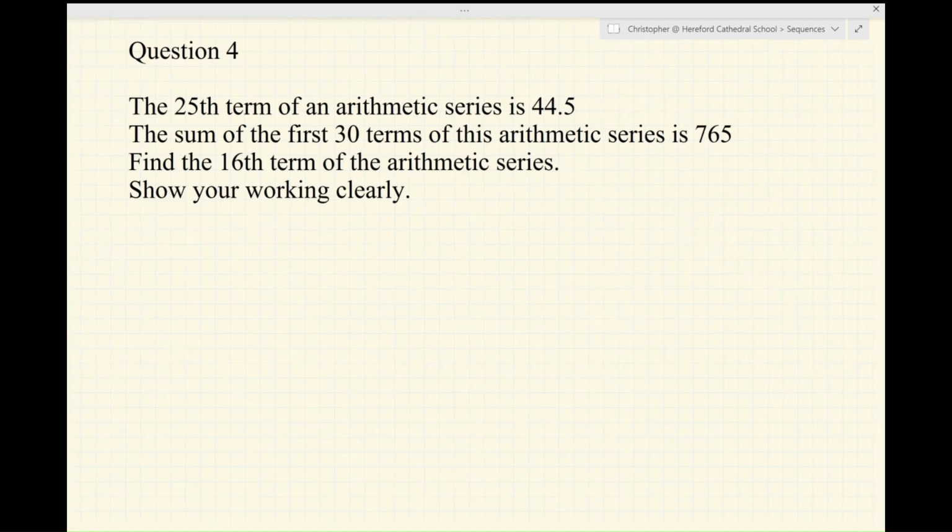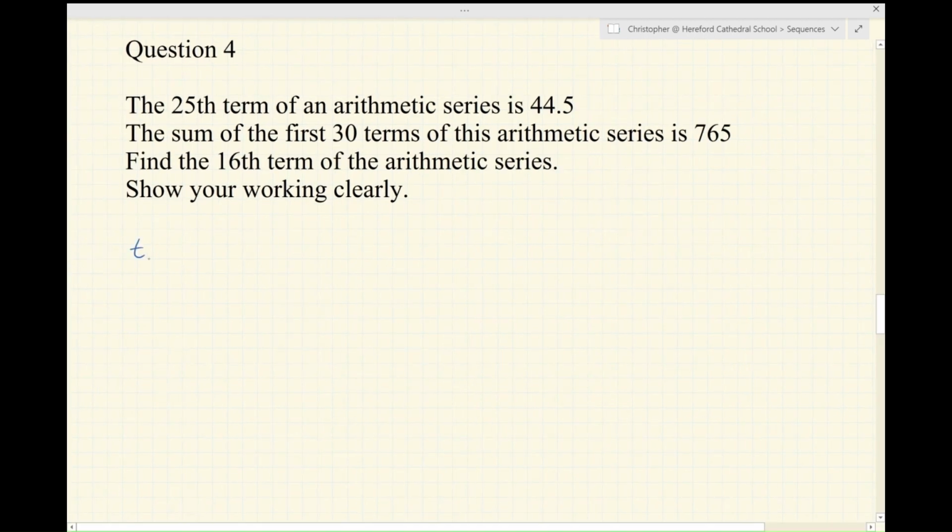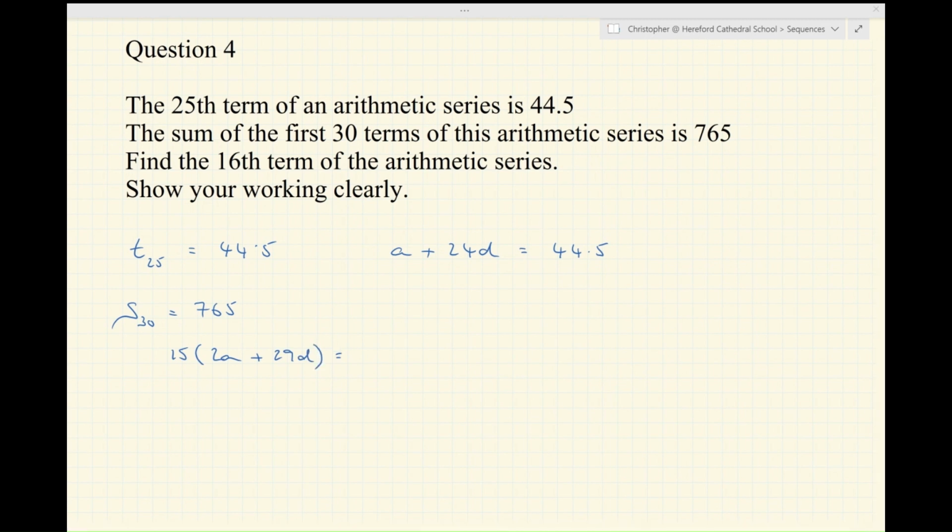Now, we know that the 25th term is 44.5. So that tells me that A plus 24 differences is 44.5. Let's come back to that in a moment. We also know that the sum of the first 30 terms is 765, which means that 15 times twice A plus 29 differences equals 765.